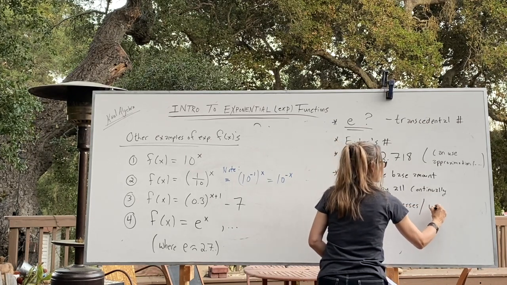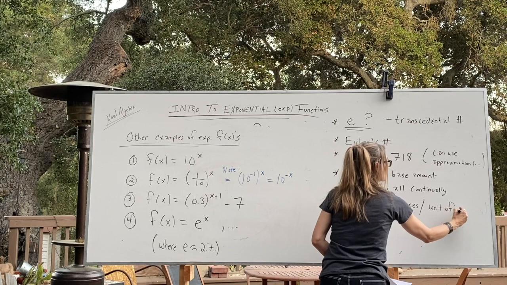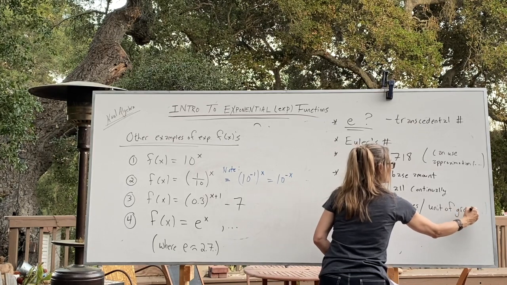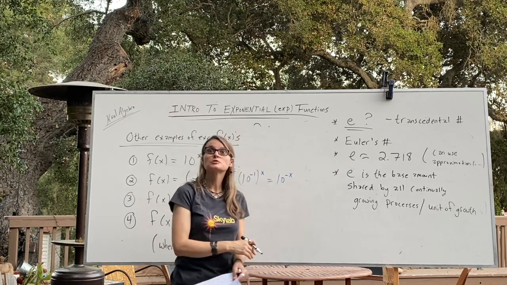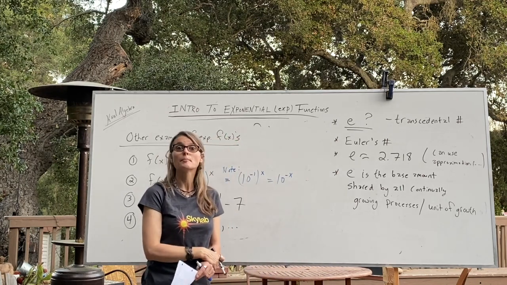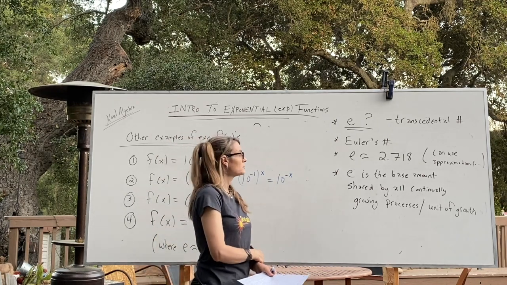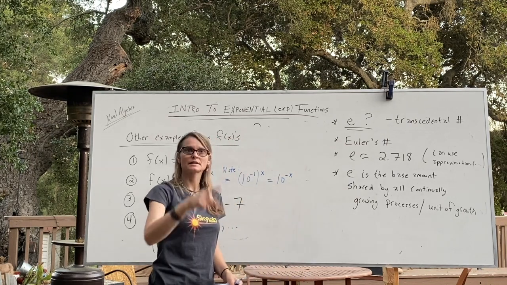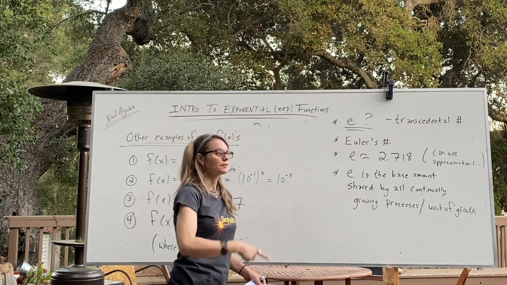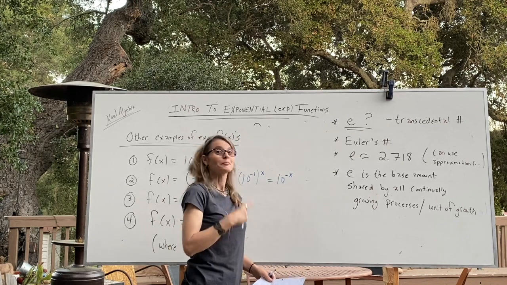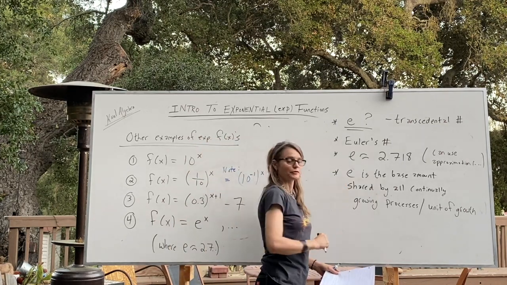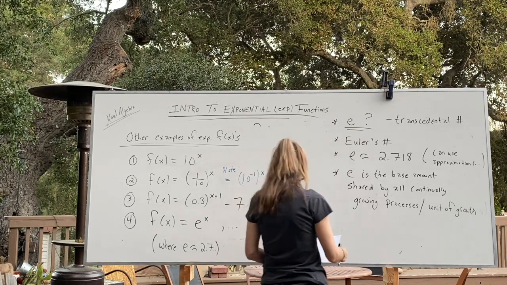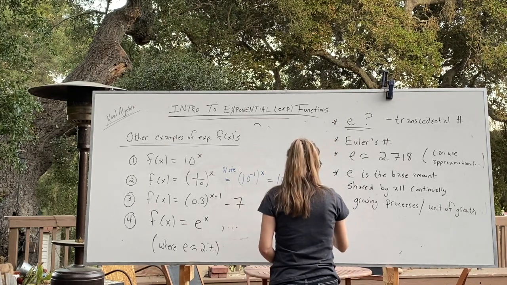Basically, it's what we call a unit of growth. And it comes into play especially with the compounded interest functions. When we're compounding interest every second of every day, every microsecond of every day, it tends to this e curve that we'll talk about. Okay, so some neat tidbits.